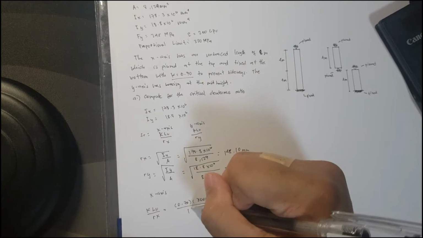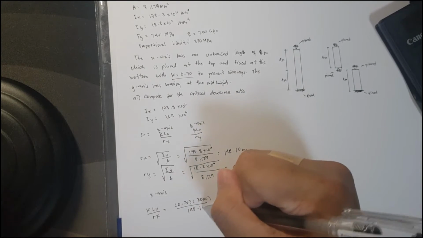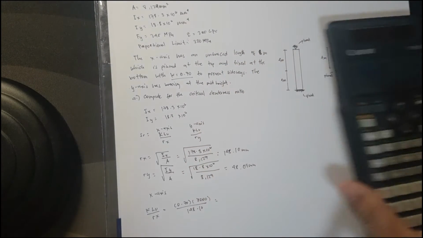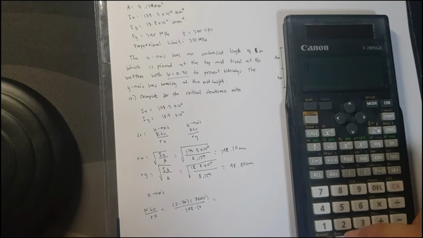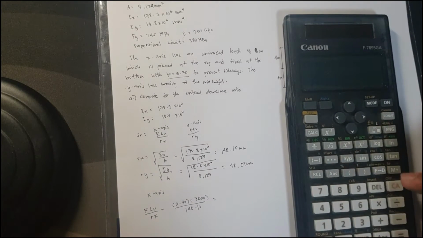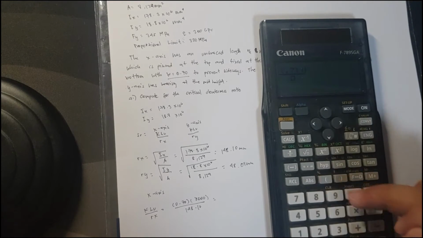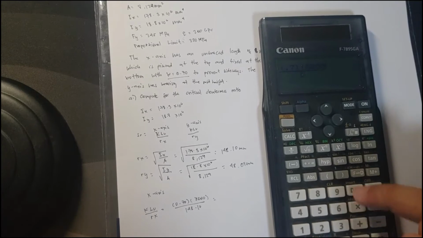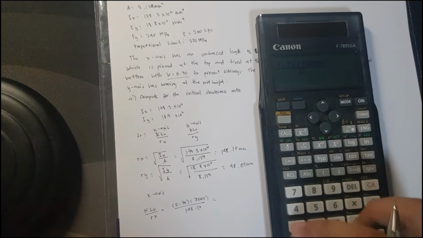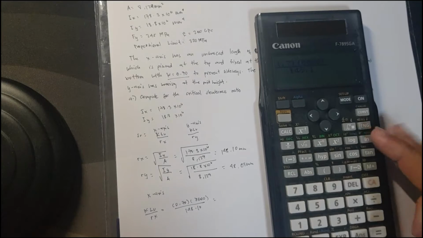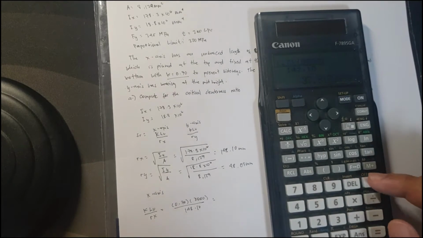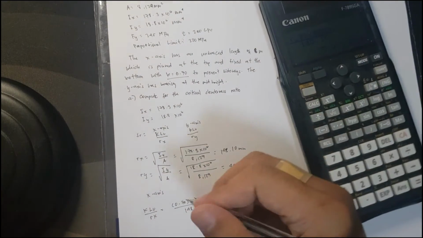Ano yung rx natin? 148.10. Solve nga natin: 0.7 times 8,000 all over 148.10. Kuha natin sagot is 37.81.